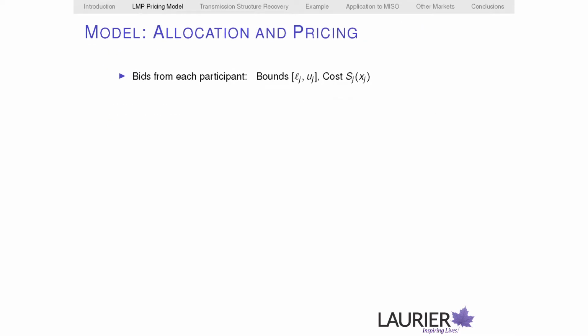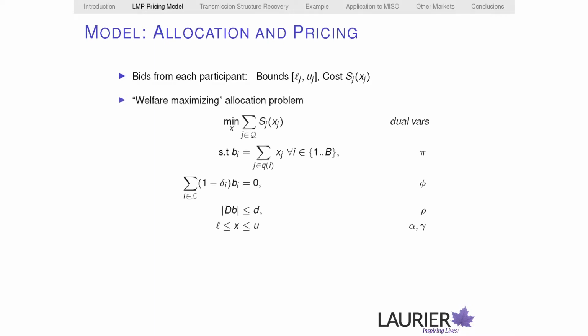Bids are received from each participant. The bids have 2 parts. They've got a domain, the bid has to be between L and U, and then they also express their total cost for supplying X megawatts. So the allocation problem is to minimize the total announced cost of satisfying all those bids.